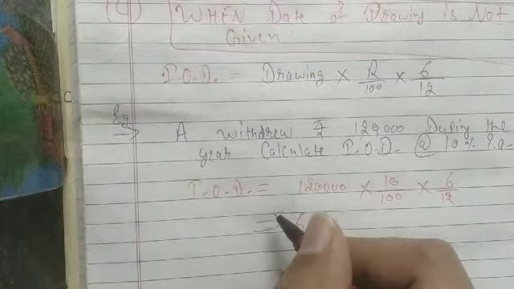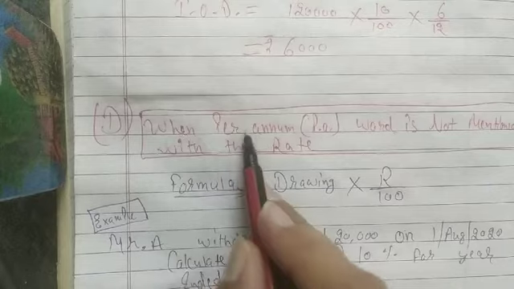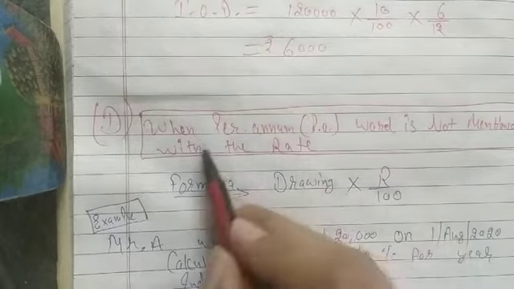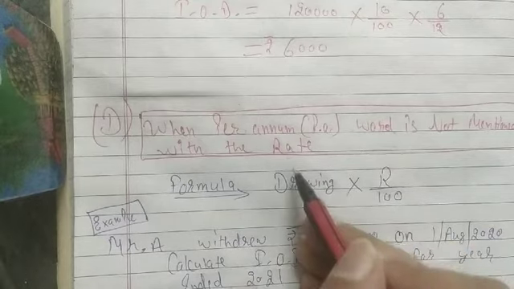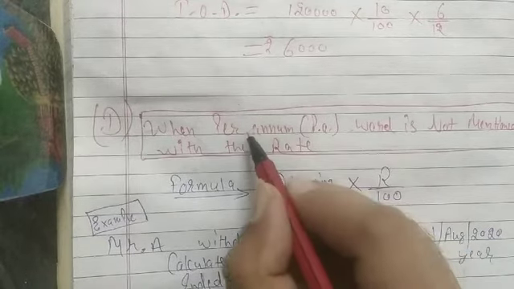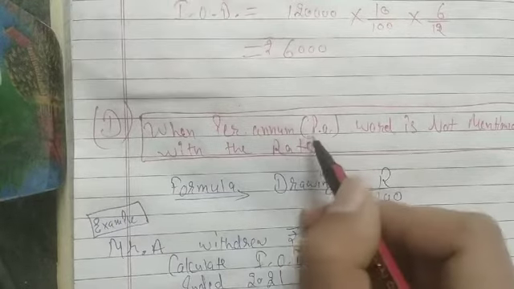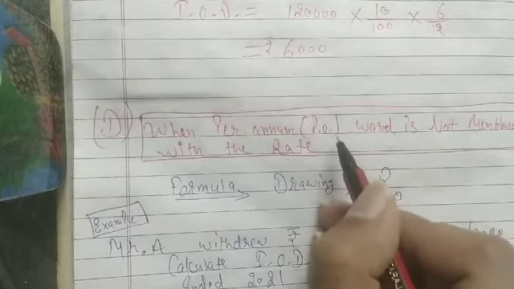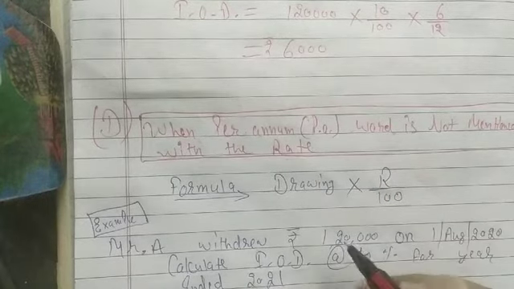Clear? Now see your last case, that is when per annum word is not mentioned with the rate. It means you will be given rate 10%, 6%, 5%, but with that rate per annum word will not be mentioned. When per annum is not mentioned, it means the time will not be considered.